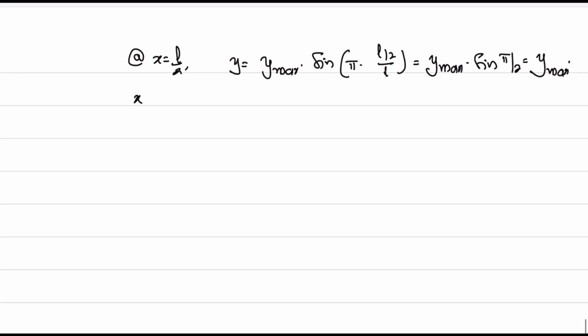That means at x is equal to L by 2, y is equal to y max, so it is satisfying all the boundary conditions. At the support ends, the deflection is 0. At the center, for the given loading condition, where the external load is acting at the center of the beam, y is equal to y max. That is the maximum deflection we get at the center.